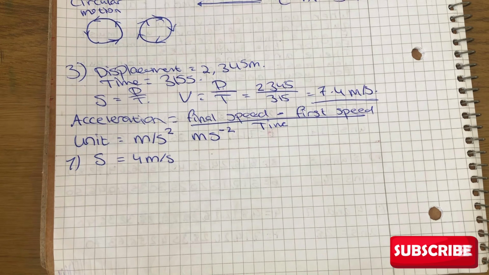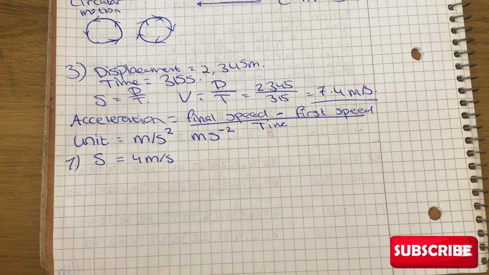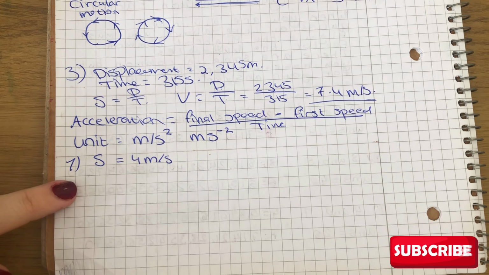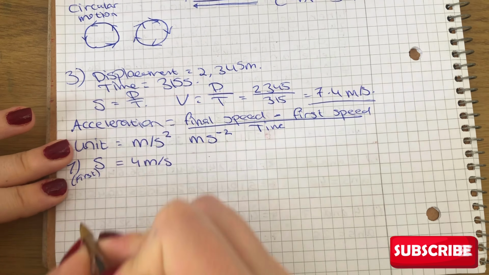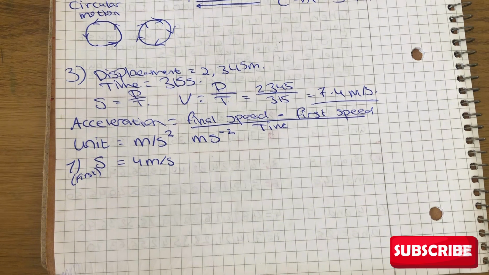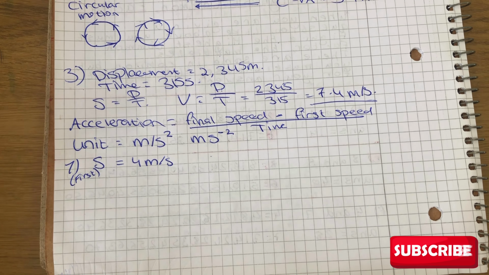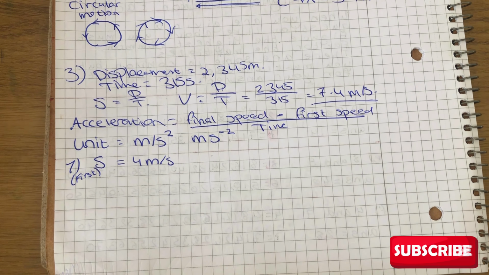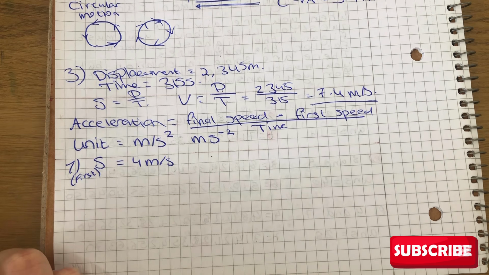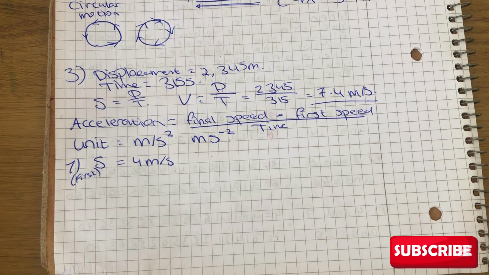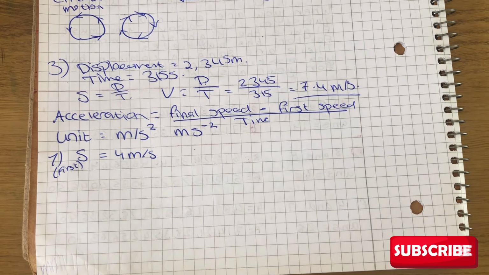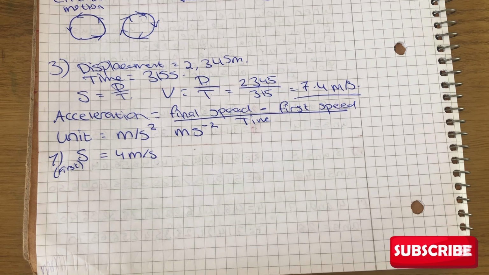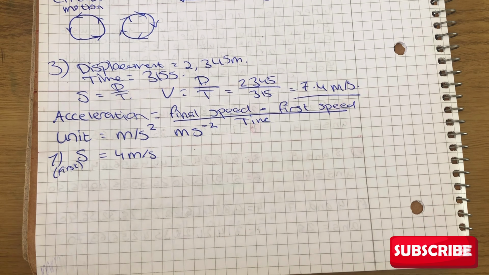Now it's telling you to calculate the acceleration. At the start of the question, it's telling us that this car is moving at 4 meters per second. And then after a certain amount of time, the speed has changed to a different speed. Has the acceleration increased or decreased? That's what we have to find out.